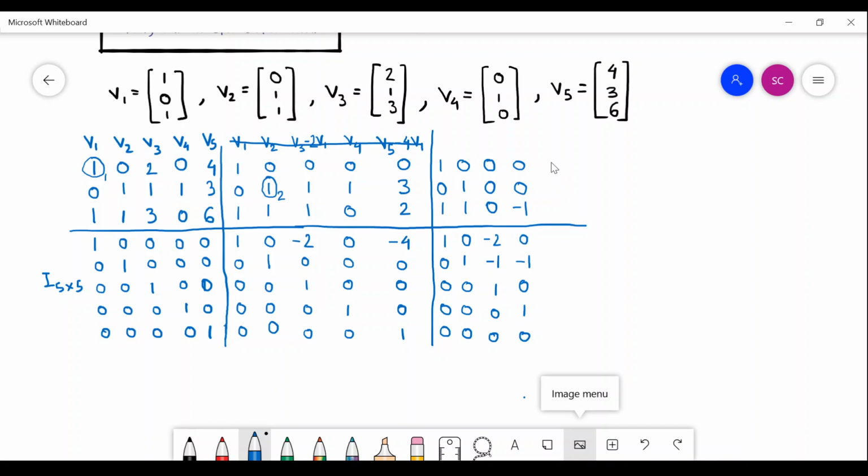For this 0, minus 3 we have to do, right? So this is becoming 0, minus 3 plus 2 is minus 1, and this one is minus 4 will remain, because we have to do like minus 3 of this vector added to this vector, minus 4 minus 3, 0, 0, 1.